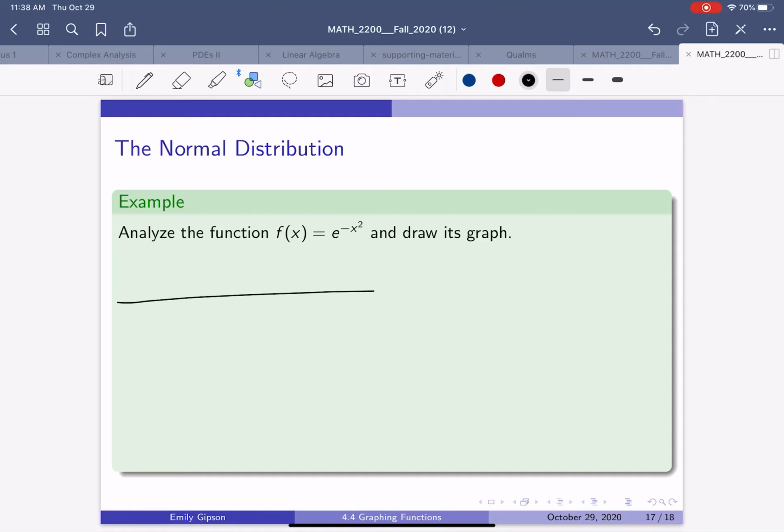I'm going to draw my number line. Then we can plug in between negative infinity and 0 any value we want, maybe negative 1, and find out whether we're increasing or decreasing.